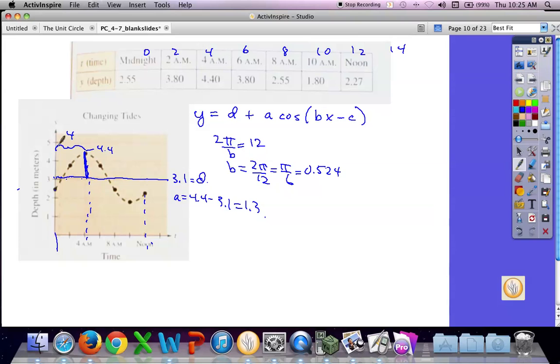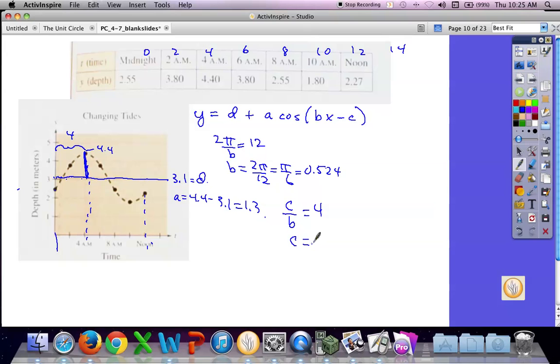But we've said we know what the horizontal shift is. It's 4 to the right, so it'll be a minus. What's the formula for the horizontal shift? Is it this number exactly? It's C over B. So what we know is that C divided by B is 4. But we already know what the B is, so substitute that.